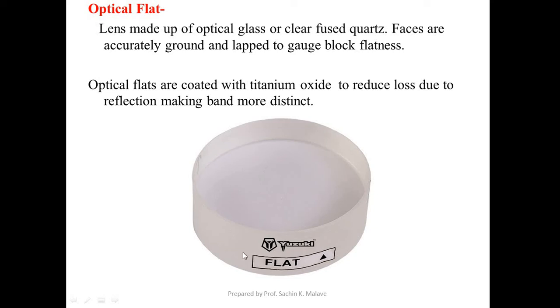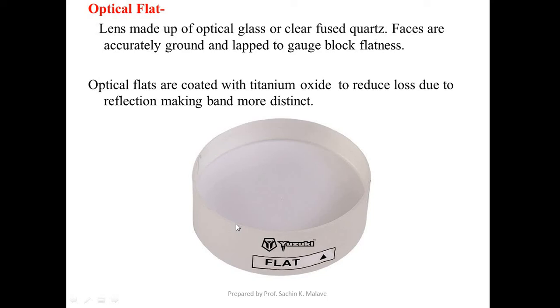So this face and the opposite face, both the faces are accurately ground and lapped so that the flatness of these surfaces is very high, like gauge block flatness. These flats are available in various sizes, from 25 to 300 mm in diameter and 12 to 25 mm in thickness.